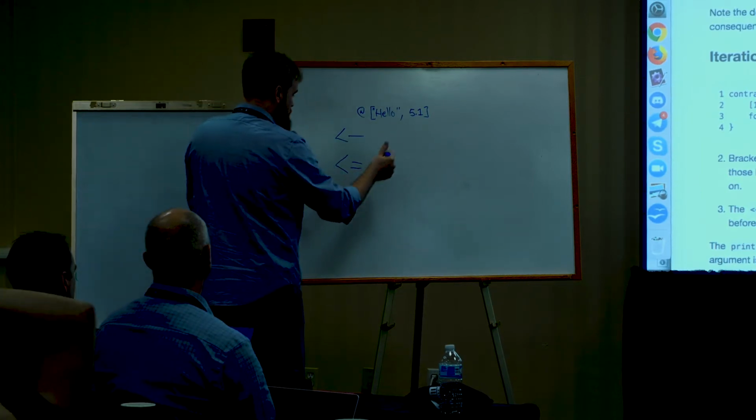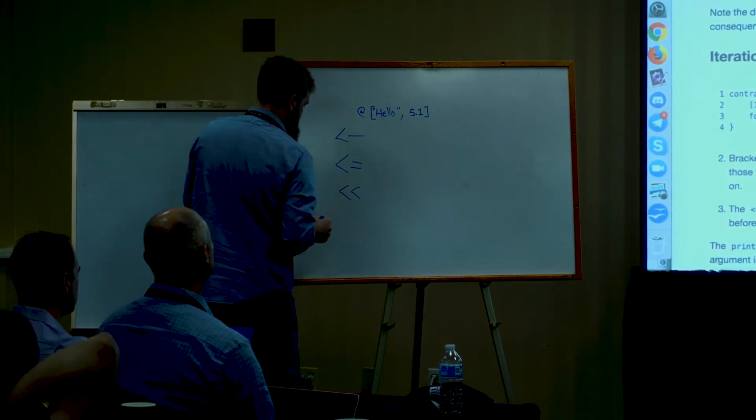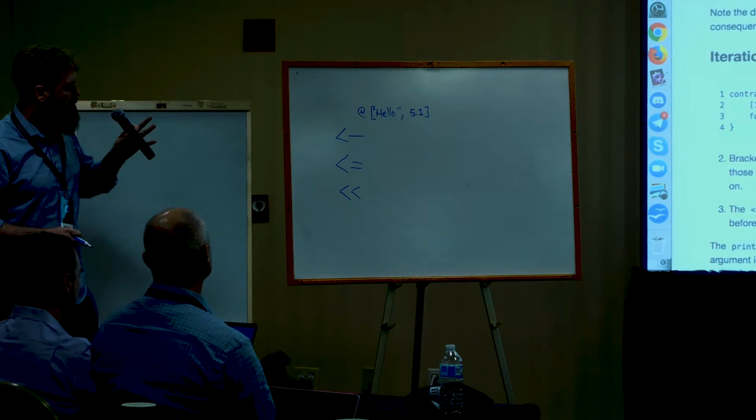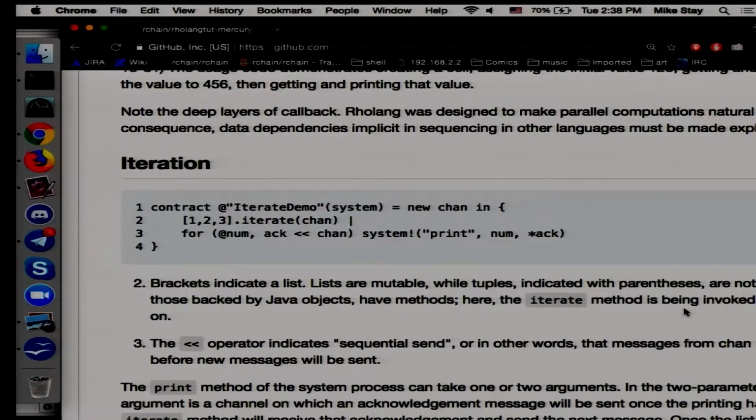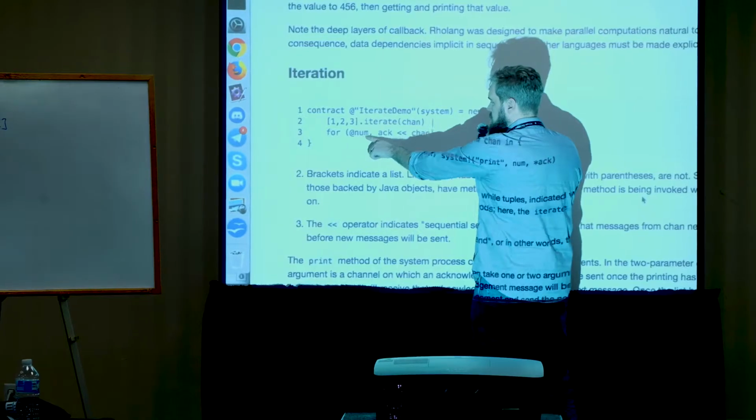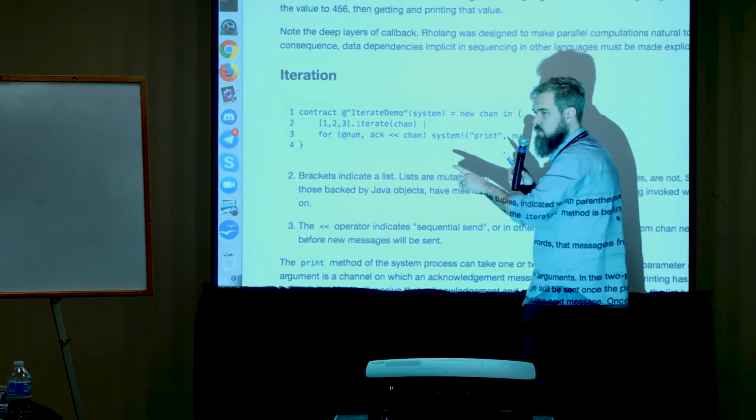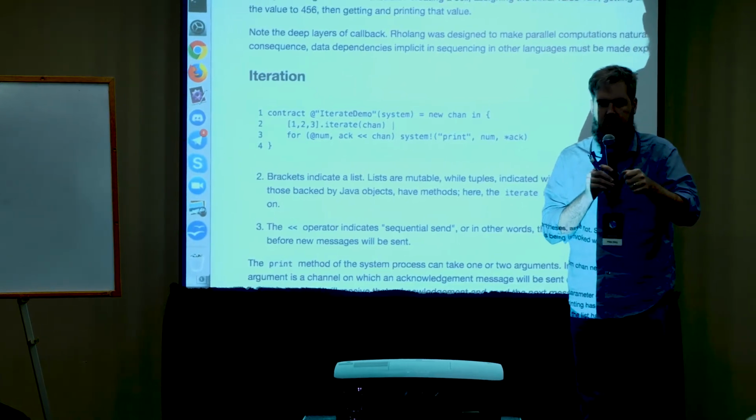And then the double arrow left shift sort of operator that shows up in this proposal is a sequential consume, where you not only have a list of values, but the last one is a channel on which to acknowledge that you have received it.